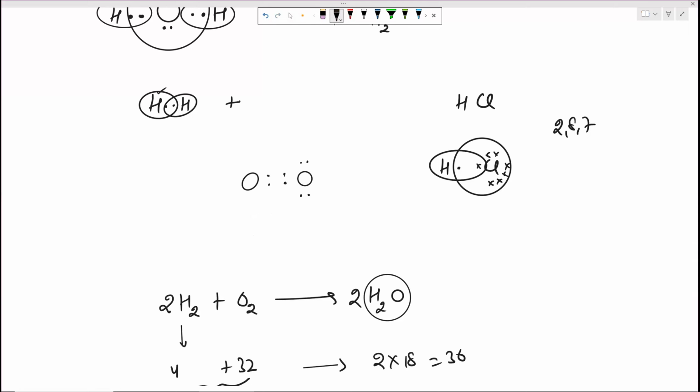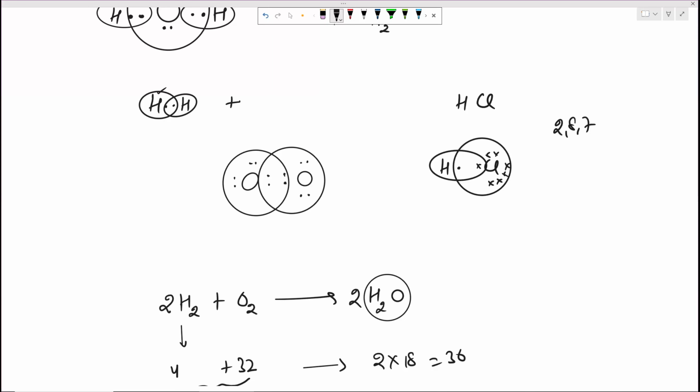For 6, they need to share 2 electrons so that each can complete its octet. So they both have 8 now. This is the way that O2 is going to make a bond.